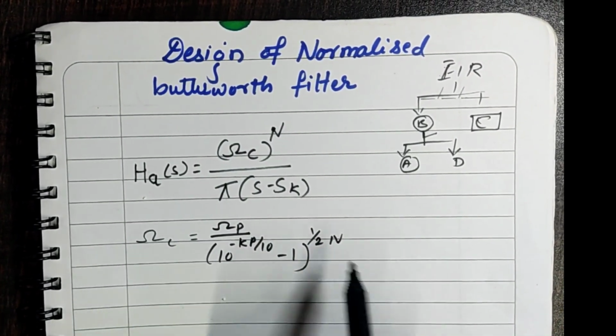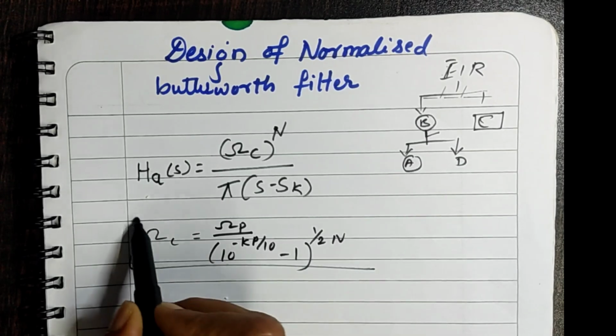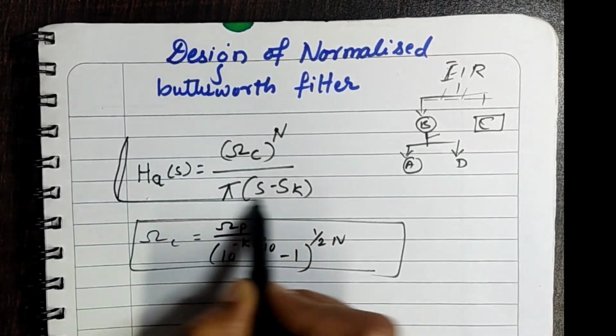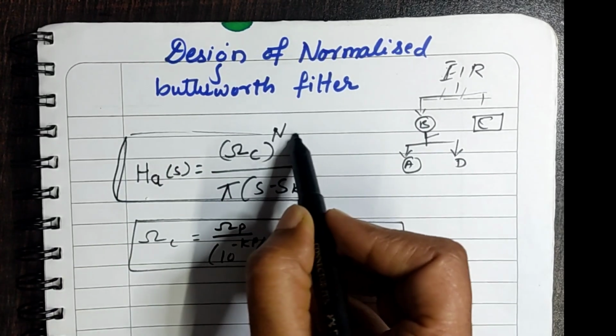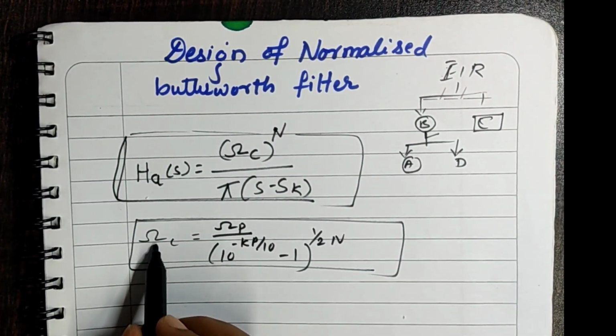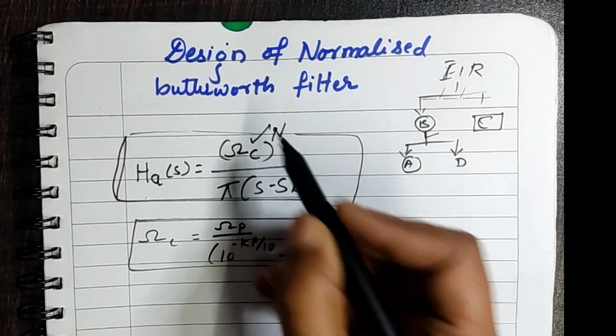We have to calculate these using this formula. And this is our analog Butterworth filter transfer function, and Ωc we can calculate like this.